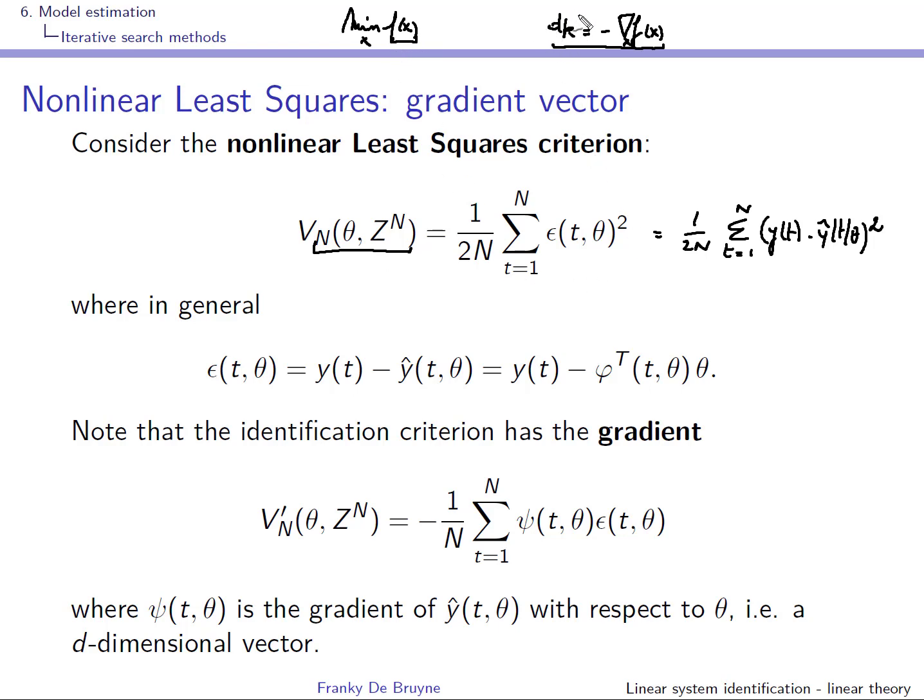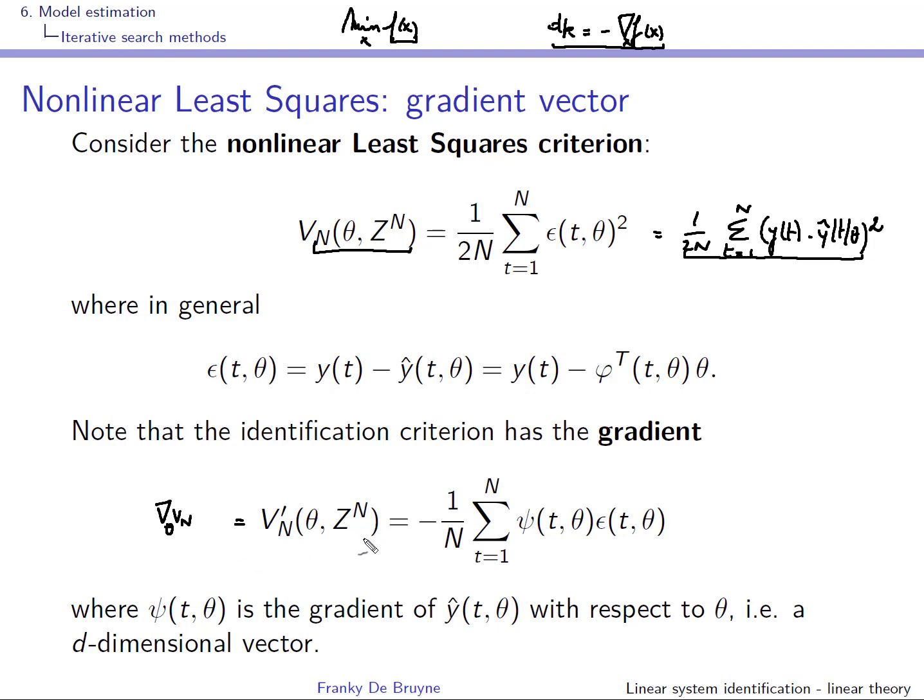So to obtain this descent direction we must compute the gradient of this function with respect to not x now, but with respect to theta. So you can see this as the gradient of this function Vn with respect to theta.